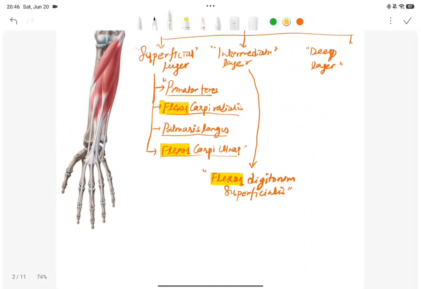So in the deep layer you can see three muscles: flexor digitorum profundus, flexor pollicis longus, and another muscle known as pronator quadratus. यसरी सम्झिनु पर्यो.